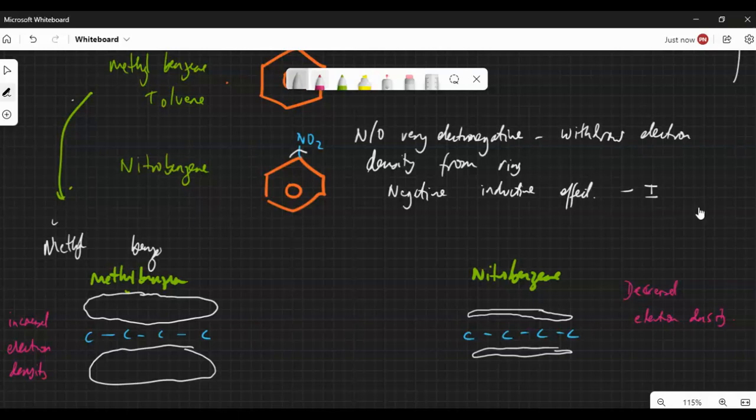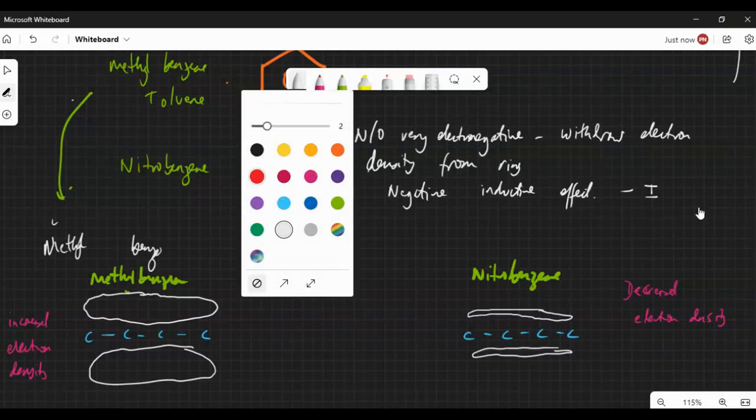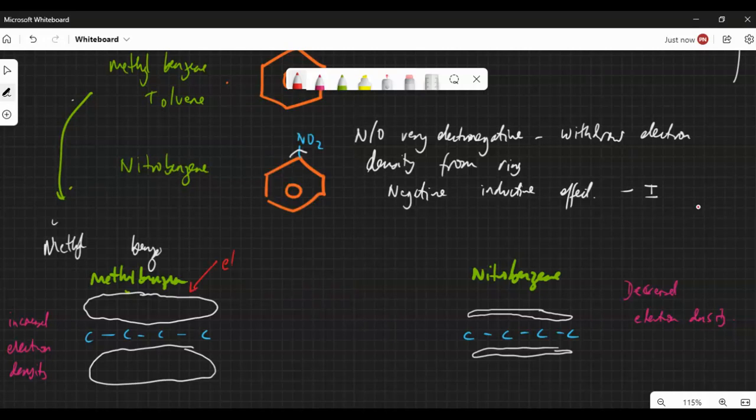Now that means for a visiting electrophile, an electrophile that wants to attack, something like a Cl plus ion, if you have an electrophile attacking this one, let's say a Cl plus again, the attack here is going to be promoted because there's more electrons here than there are here. So if I have methylbenzene, it is going to be more reactive.